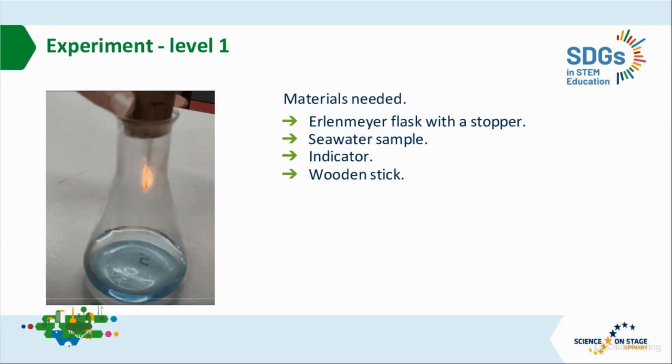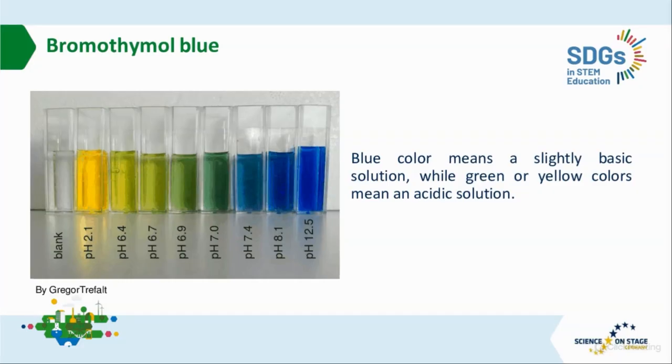So you can use any indicator that works with the range of pH that we are going to have to deal with. This is just to show you the different colors of bromothymol blue. As you can see here, when it is blue, the pH is a little bit higher than 7, and when it turns kind of yellow or green, that shows that its pH is below 7.